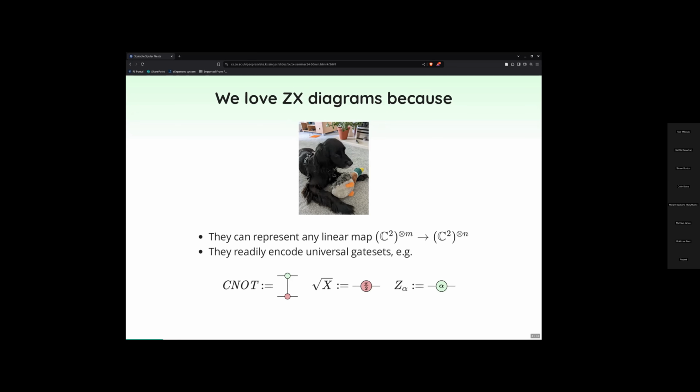And they readily encode universal gate sets. So for instance, this is the Clifford plus phase set of gates. I can do arbitrary phase gates, I can do square root of X, and I can do CNOT. So from these, I can build anything. And it's complete for circuit equality with only something like 9 rules.